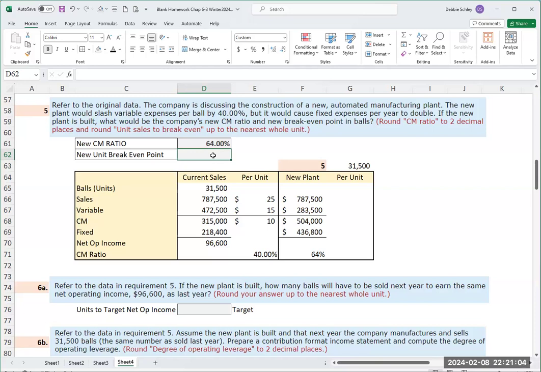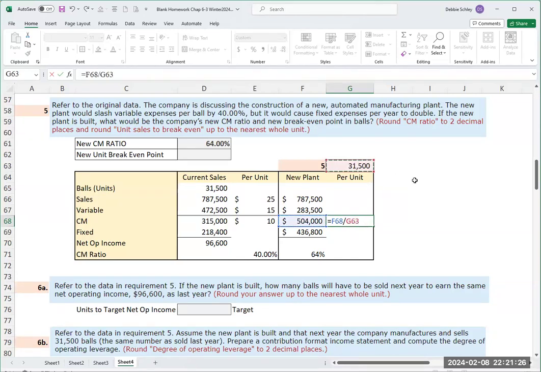So now, to get the break-even point in units, I need to have the contribution margin per unit. And the way I can do that is to take that new contribution margin divided by the original number of units from required 1.